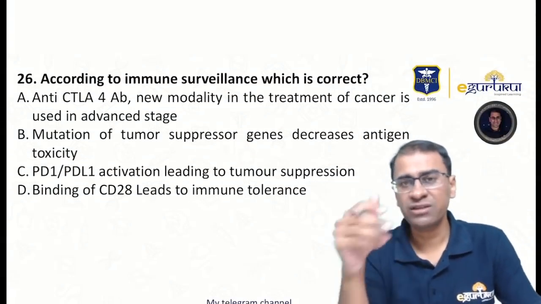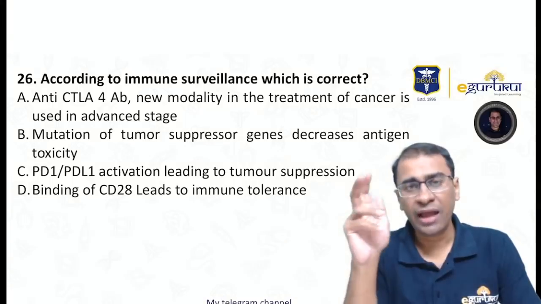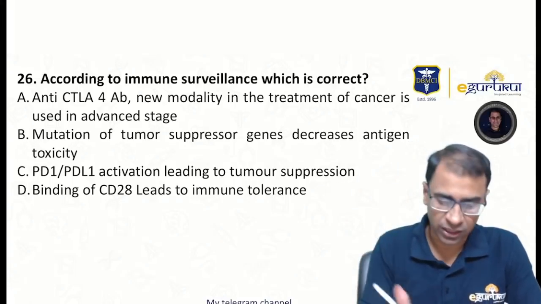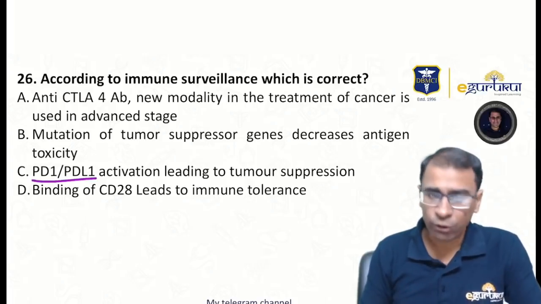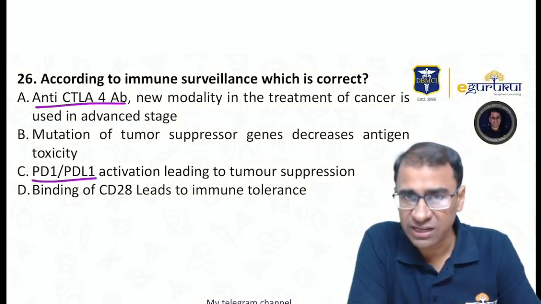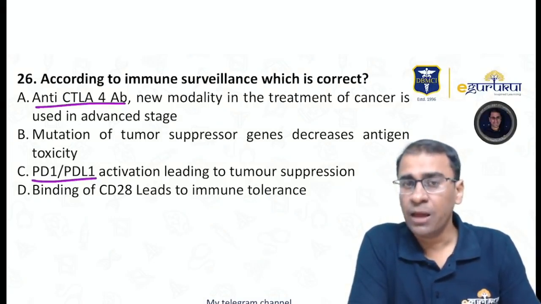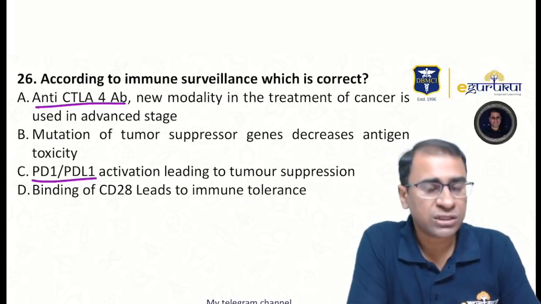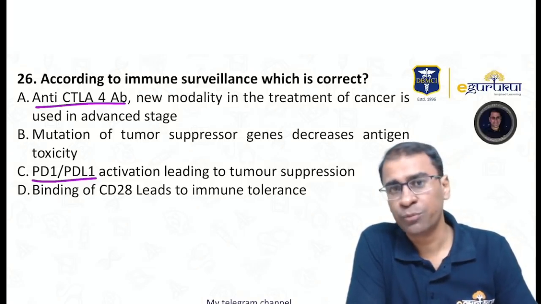Well, according to immune surveillance, I had made this video called immune checkpoint inhibitors. I told you over there about the PD1 and PDL1. I told you also about the CTLA4 antibodies, and I hope you have watched that video in the Robbins 10th update. Basically, these are all the checkpoint inhibitors which do not allow tumor cells to proliferate.